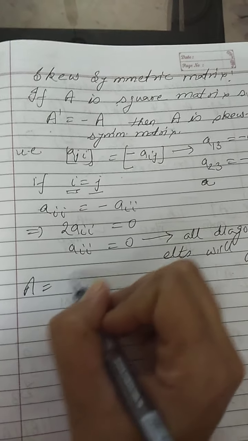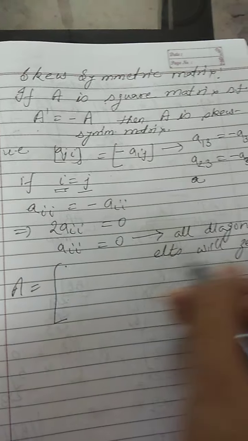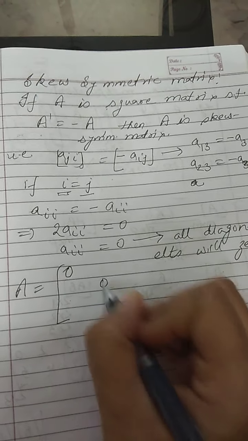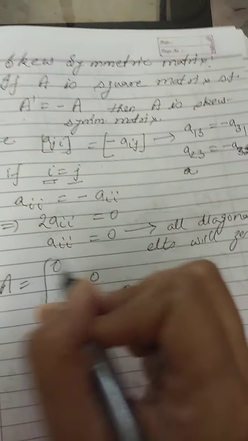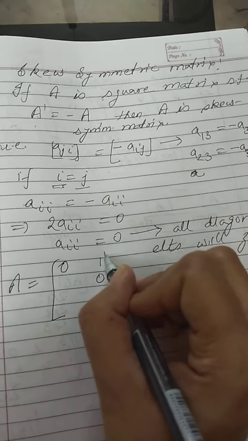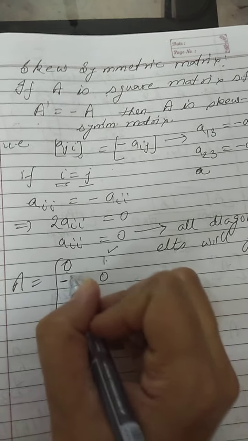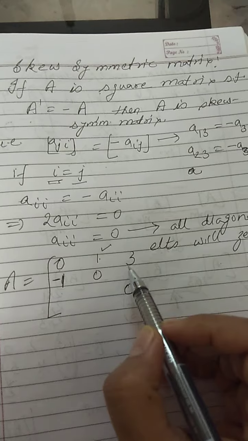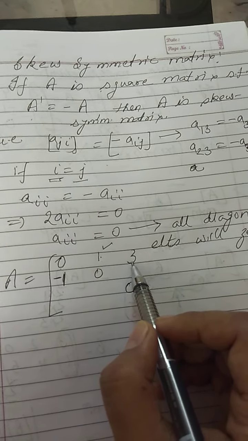So let us write down the matrix A here. Since the diagonal elements are 0, A11 will be 0, A22 will be 0, A33 also will be 0. When I write down 1 here, which element is this? This is the A12 element. It means the A21 element will be minus 1. When I write down 3 here, this is the first row, third column, so the A13 element is 3.